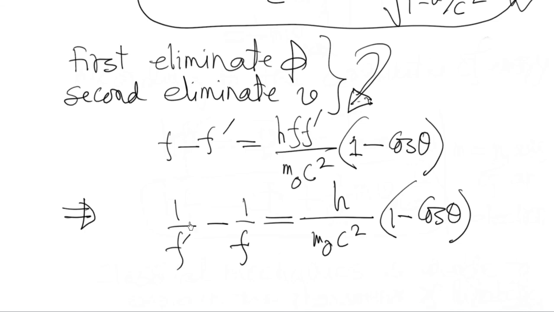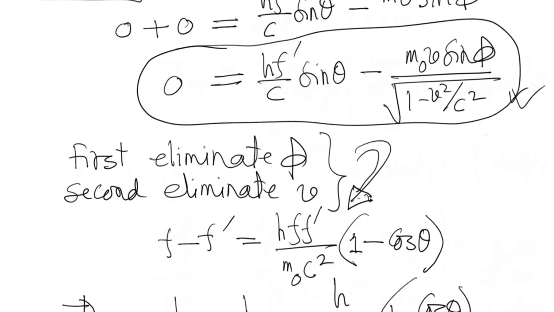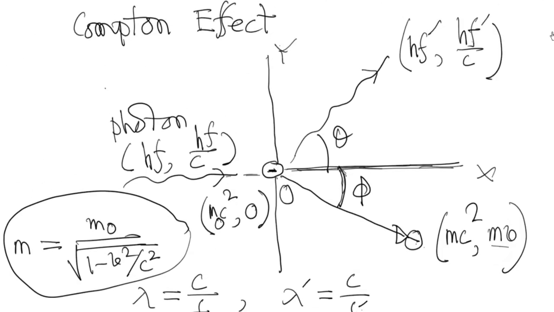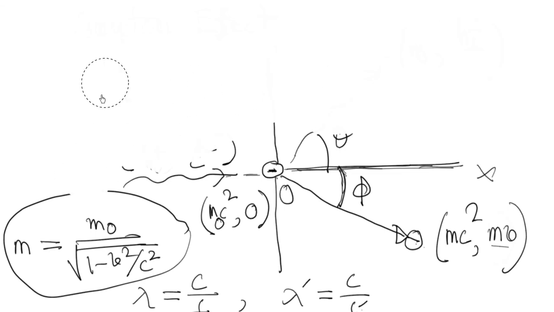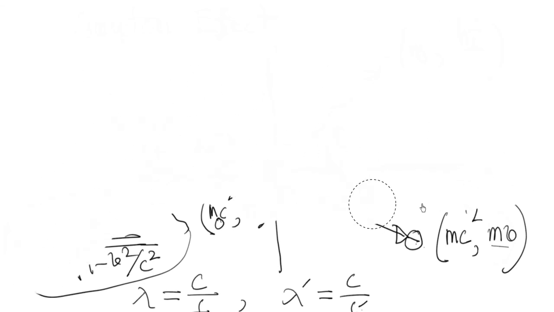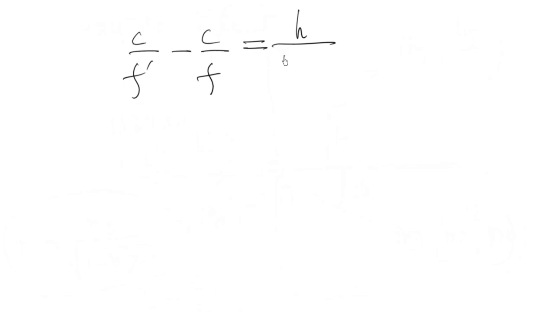Okay, now if you multiply by c on both sides, then we have c by f prime minus c by f, and this is h divided by m naught c times 1 minus cos theta.